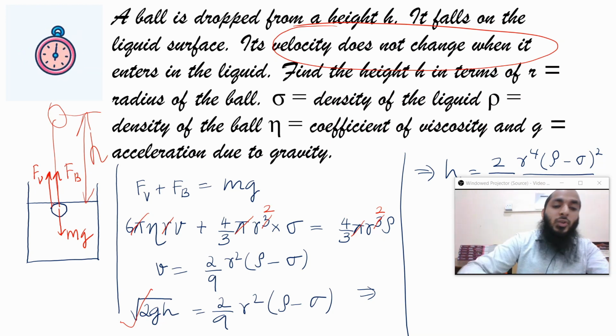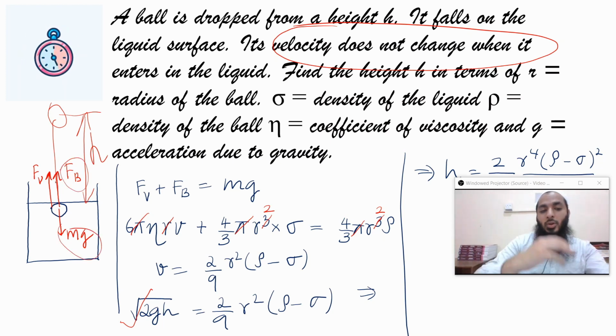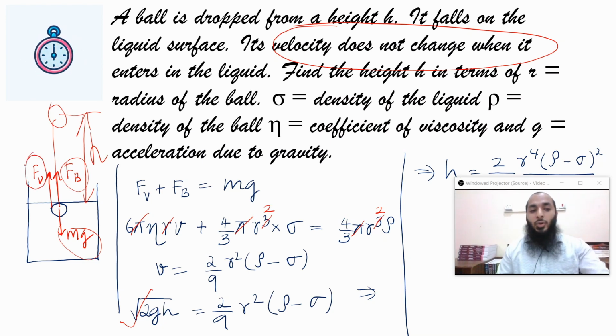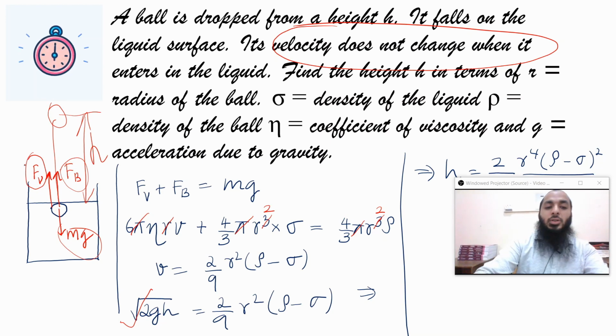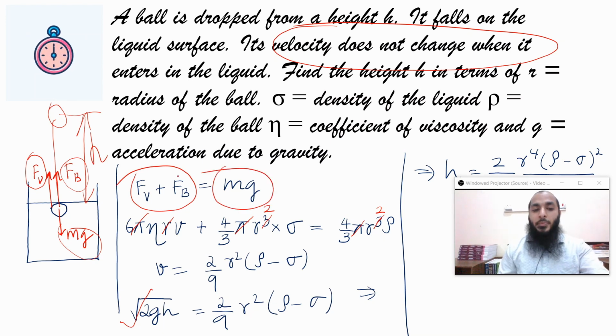So you can see what all forces are acting on this body. Mg acting downward, then buoyancy force or buoyant force acting upward, and this is the drag force or viscous force. Okay, now we have net force equal to 0, which clearly gives us Fv plus Fb is equal to mg, and we know the equation from Stokes law.